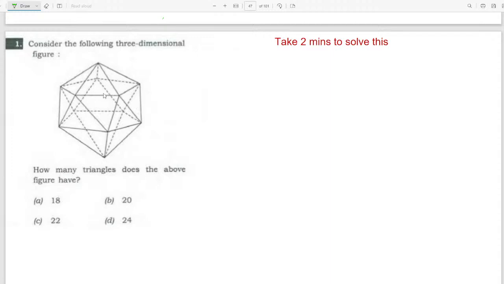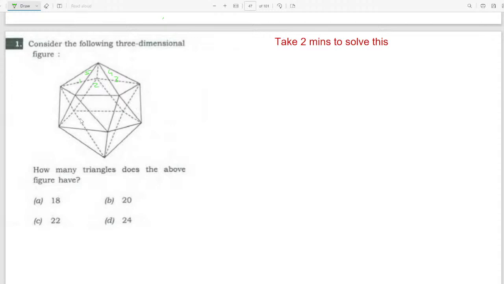Here the triangles that are facing us: this is 1, this is 2, this is 3, and on the other side you have 4 and 5. So the top faces are 1, 2, 3, 4, 5.